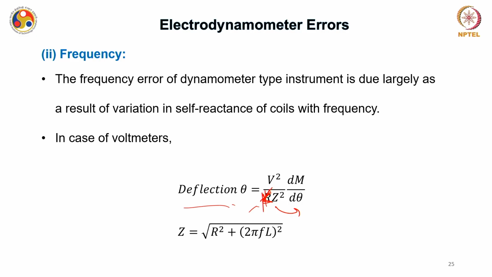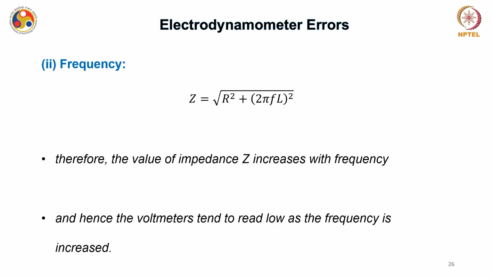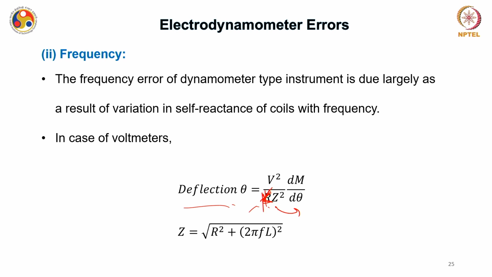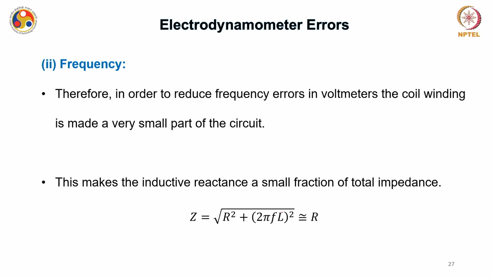So this Z is nothing but the root of R square plus (2 pi F L) square. If you see, the value of impedance Z is increasing if you are increasing the frequency, and therefore the voltmeter tends to read low as the frequency is increased, because this Z is present over here.